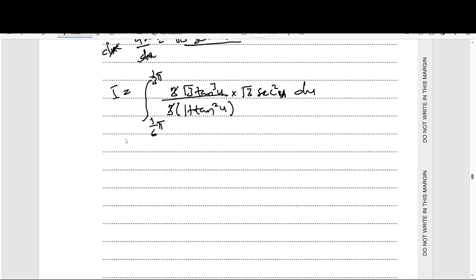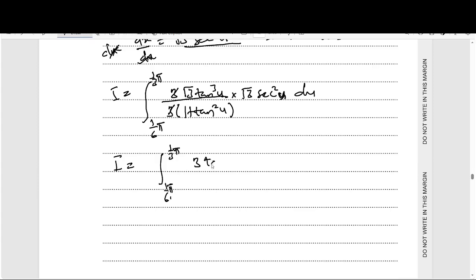So let me scroll down, and then I is equal to the integral from 1/6 pi to 1/3 pi of the numerator becomes 3, and then tan cube u, and then sec squared u times du, all divided by 1 plus tan squared u.